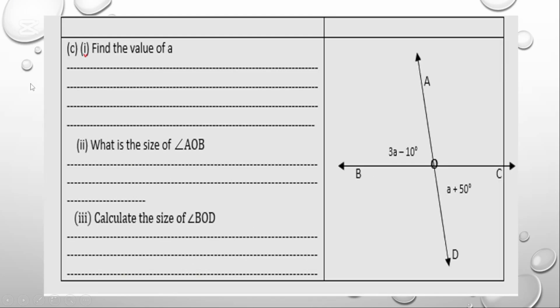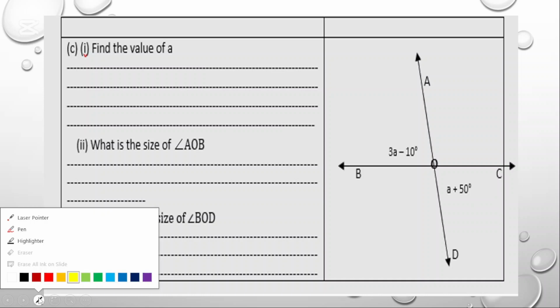Here we have a quite involved equation. They say 3a minus 10. AOB is 3 times a certain number minus 10, and COD a certain number plus 50.